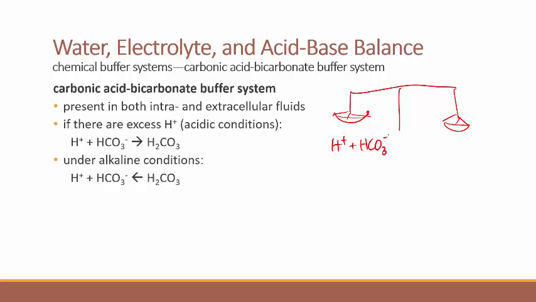So if we are seeing an excess of hydrogen, that's going to tip our balance a little bit, because on this side we wind up with more hydrogen ions in our dish. Too many hydrogen ions.